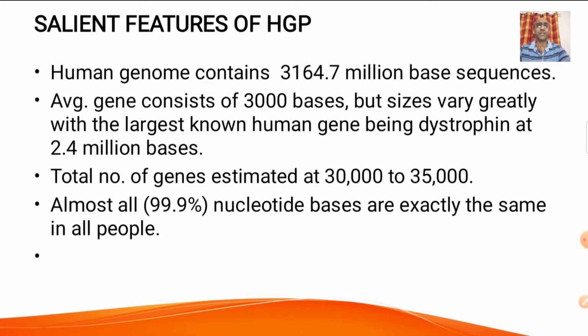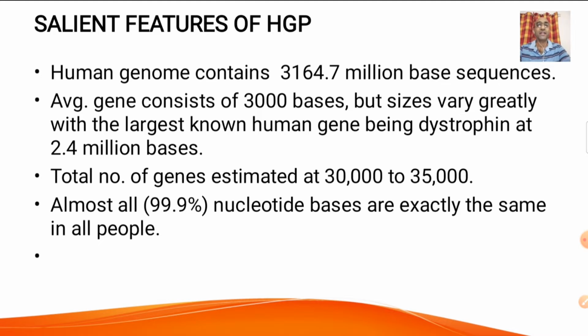Remember it. The largest known human gene is dystrophin, which has 2.4 million bases. Got it? The total number of genes estimated in human beings is 30,000 to 35,000.